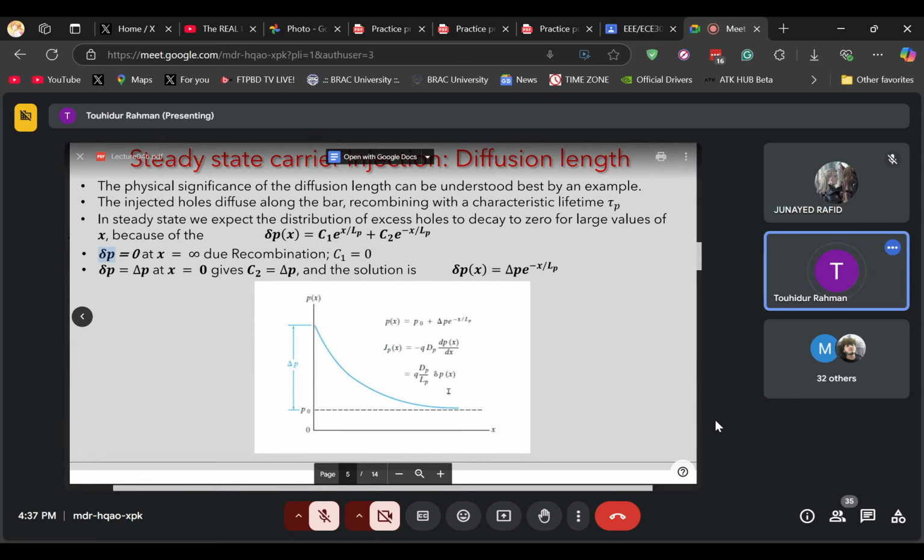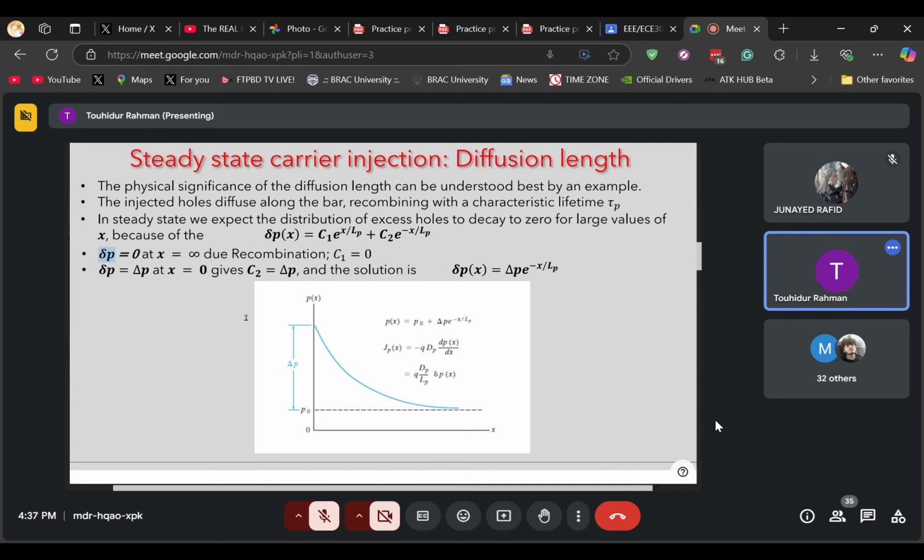I hope it makes sense that after a long distance all the carriers will recombine, so our excess carrier will be 0 at x equal to infinity, and that will make C1 equal to 0.